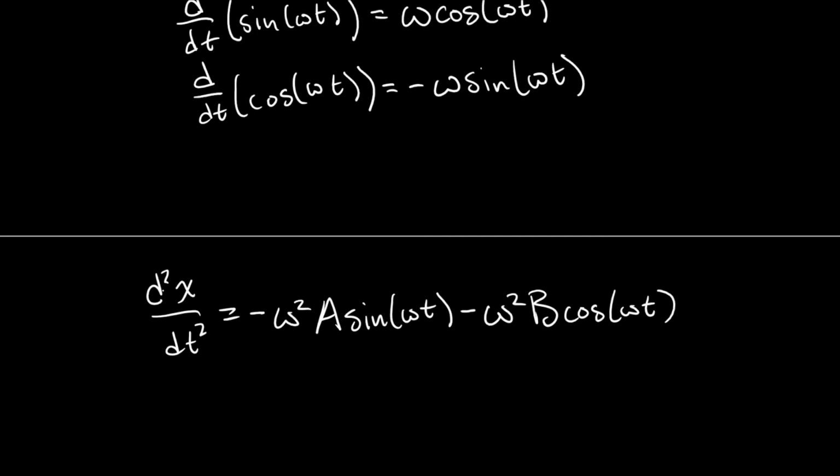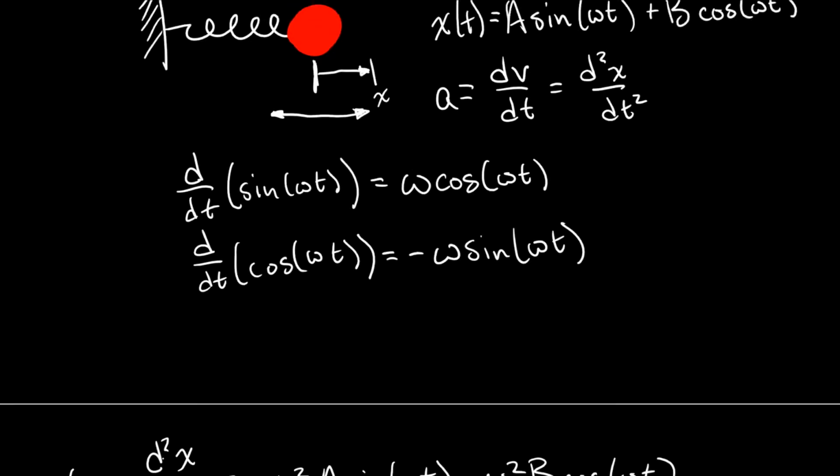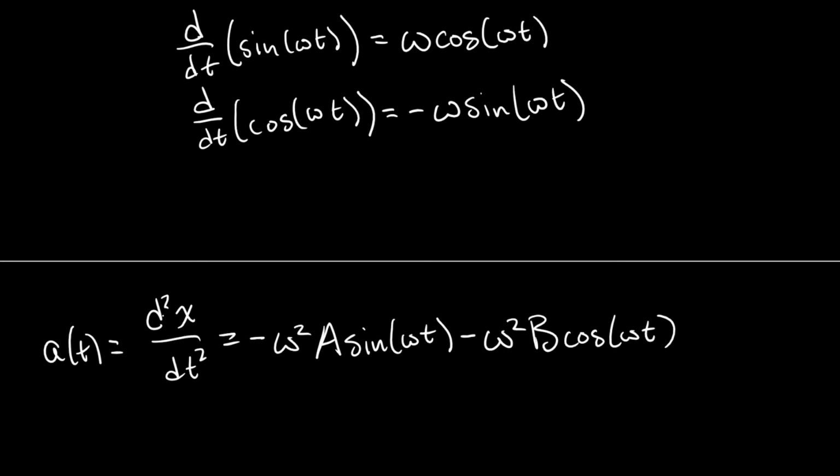And you can see that this has to be the case because once I take the derivative of sine, I get positive cosine, and then I take another derivative of that, and I get back to minus sine, and same thing with cosine. So this is actually really interesting because I can write this back in terms of my function for position. This is just a constant times my original position function. So this is just minus omega squared times x of t.